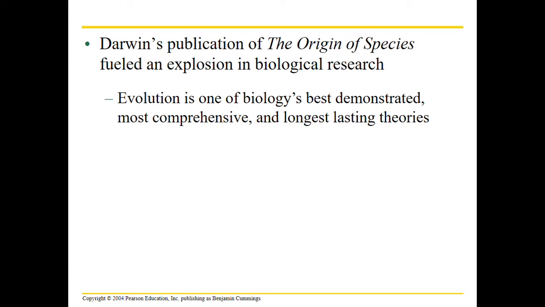So again, Darwin's publication fueled an explosion in biological research, with evolution as its unifying theme of biology, which is why we're going to talk about evolution a lot. It's saying that it's unifying, everything's related, and we can look at these relations by studying animals, which is awesome.